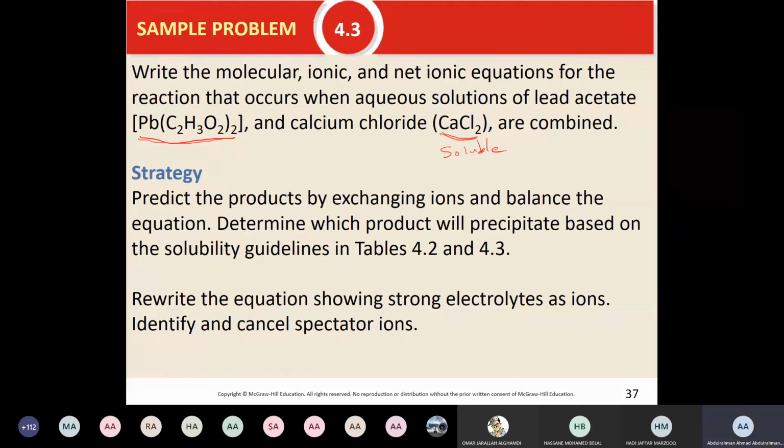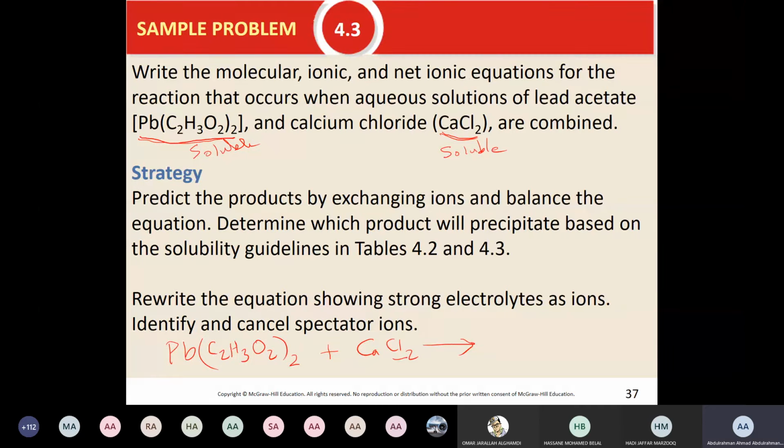Now I want you to write a molecular equation to show me what will happen. Pb(C2H3O2)2 reacting with calcium chloride. What will happen?